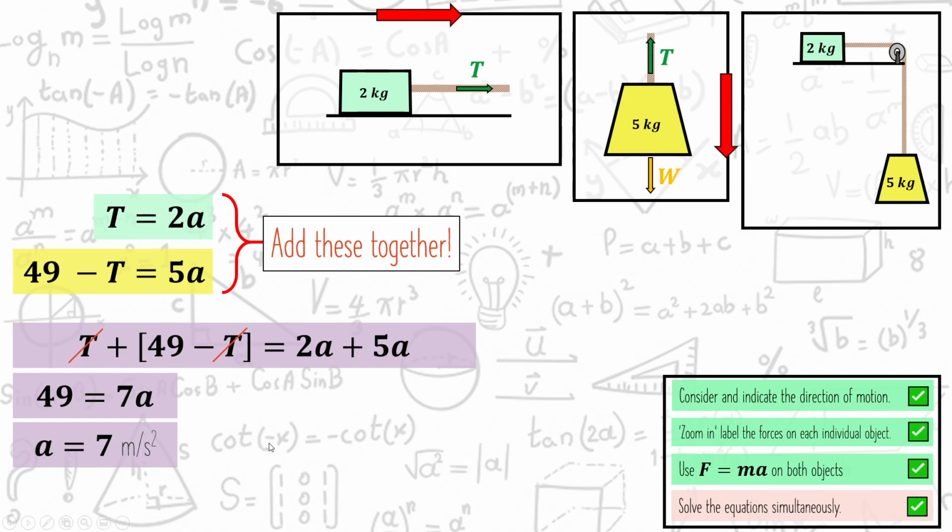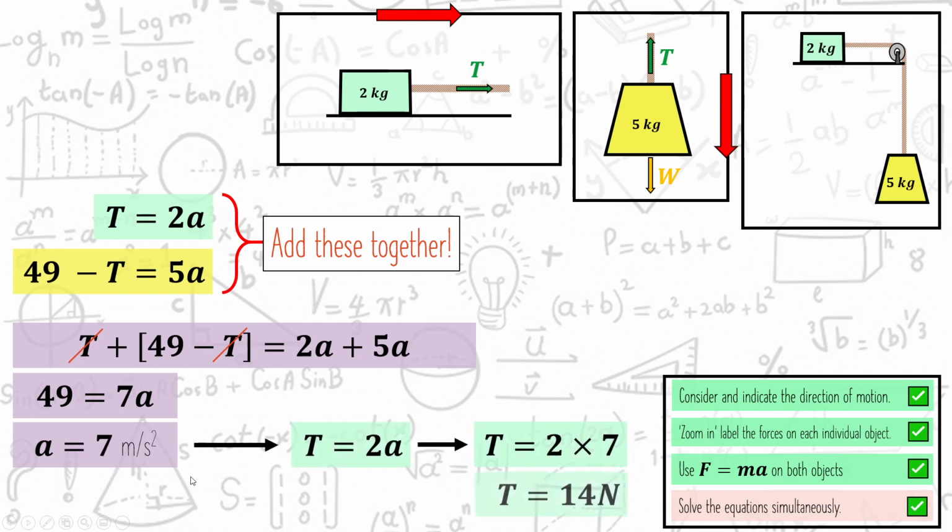As with any set of simultaneous equations, we'll plug this value back into one of the original equations to get our value of tension. We'll work out T as 14 newtons in this case. There you have it. Our tension is 14 newtons and our acceleration is 7 meters per second squared.